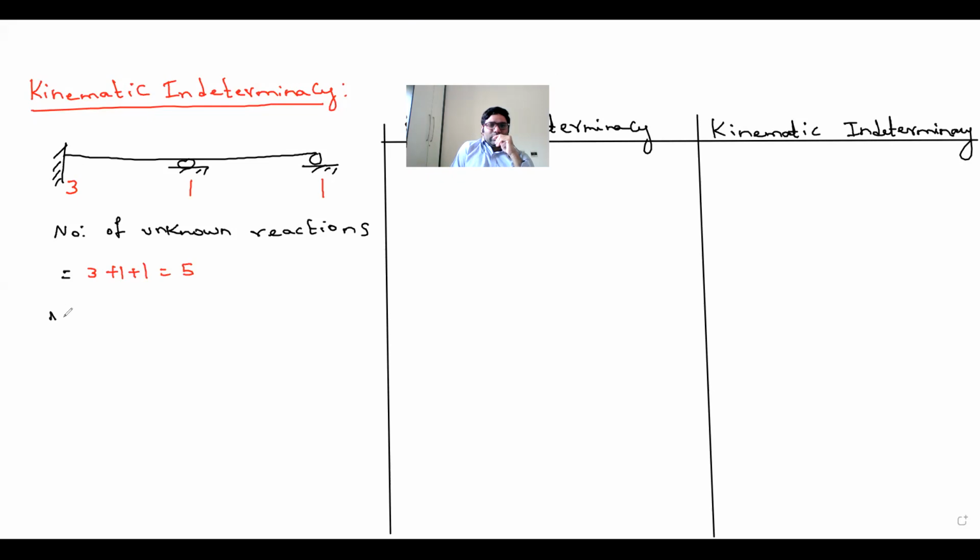Okay. Now the number of unknown degrees of freedom is equal to, for fixed, can it move anywhere? No, 0.